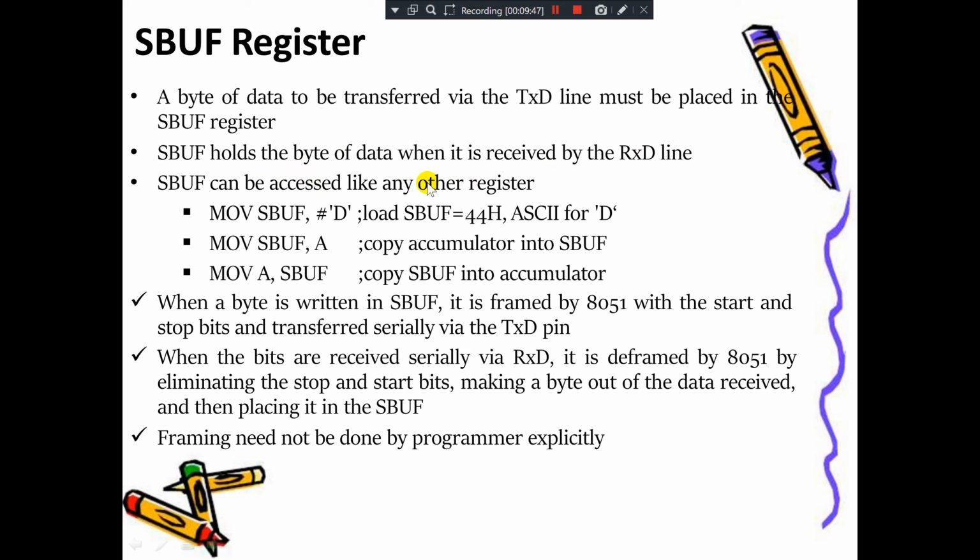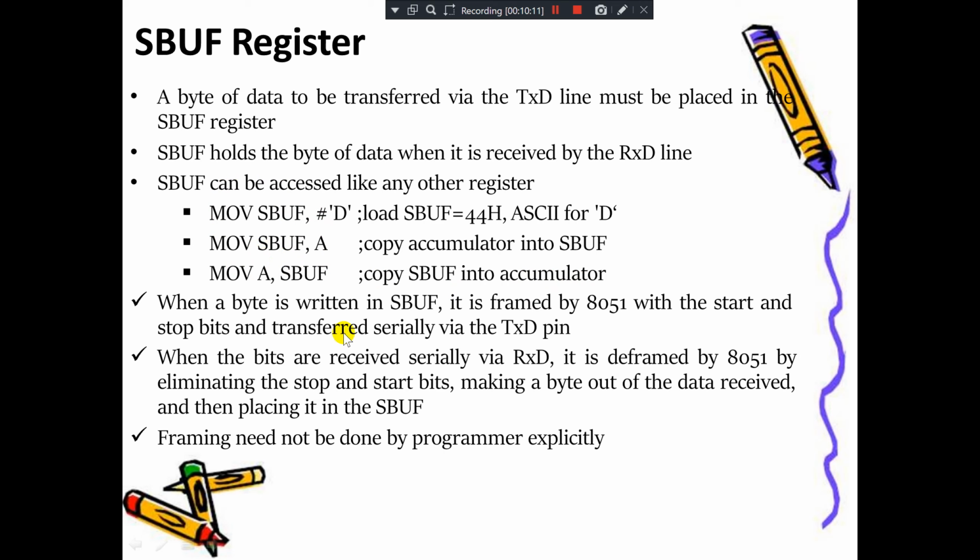It can be accessed like any other register. MOV SBUF, #'D' will load 44H, the ASCII value of D, to SBUF. MOV SBUF, A means the content of the accumulator will be copied into SBUF. MOV A, SBUF copies the content of SBUF into the accumulator. These are some examples of how we can use it.